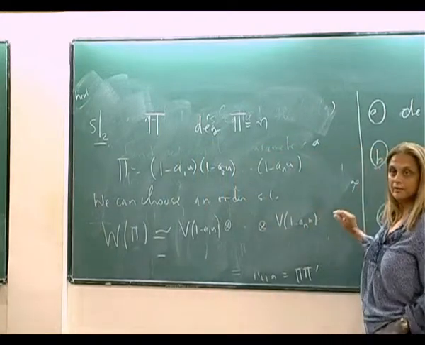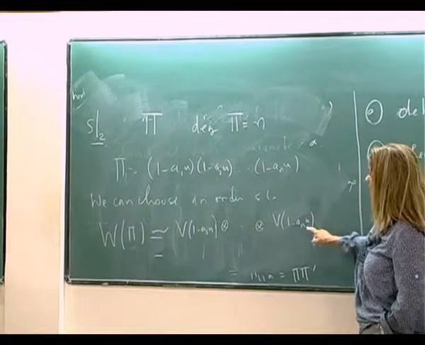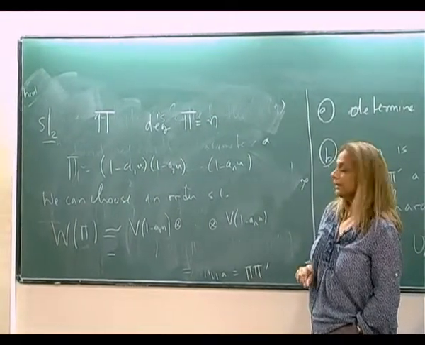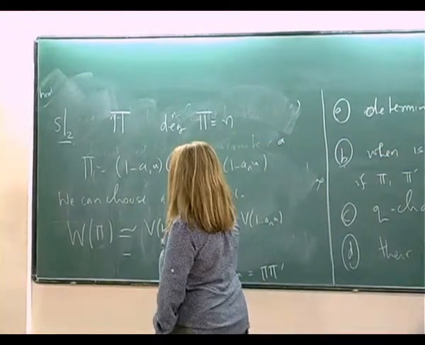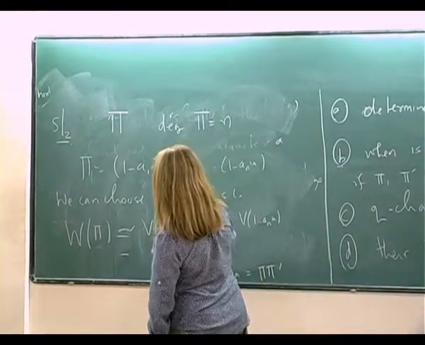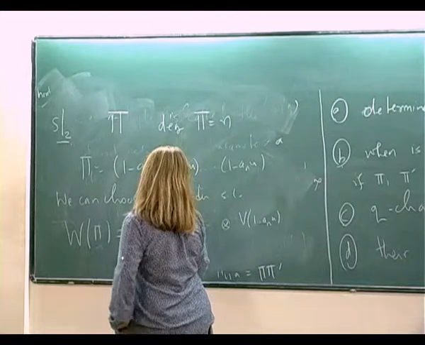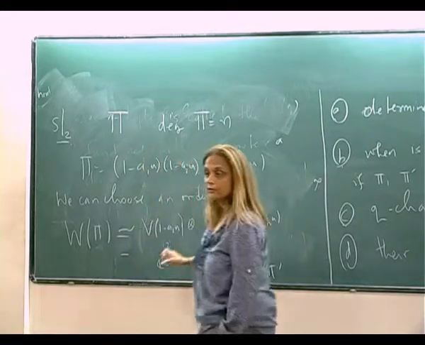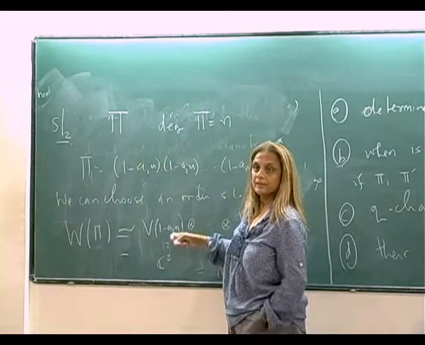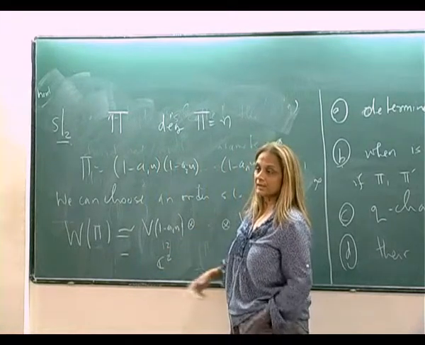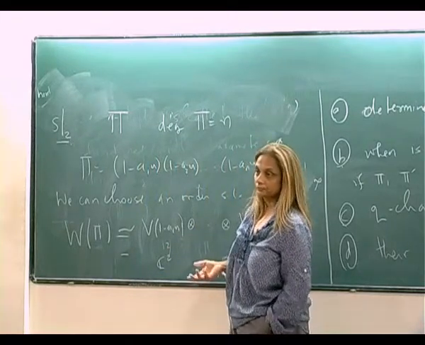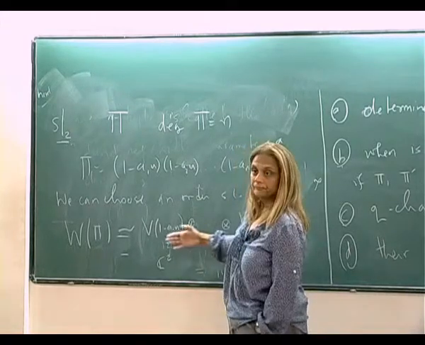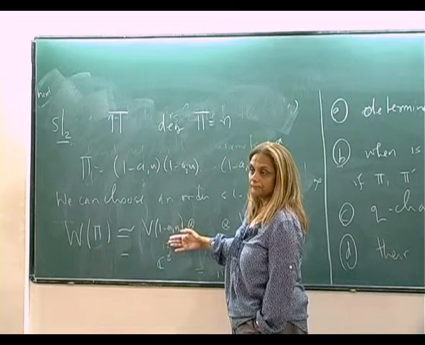It's a tensor product of irreducible representations associated with each of these polynomials of degree 1. Now, I told you what anything like this looked like. This was just isomorphic to C2 as a vector space. So if you look through your notes, if you had a polynomial of degree 1, the associated representation was exactly the natural representation of SL2. So what is the total dimension over here? The total dimension is 2 to the n.